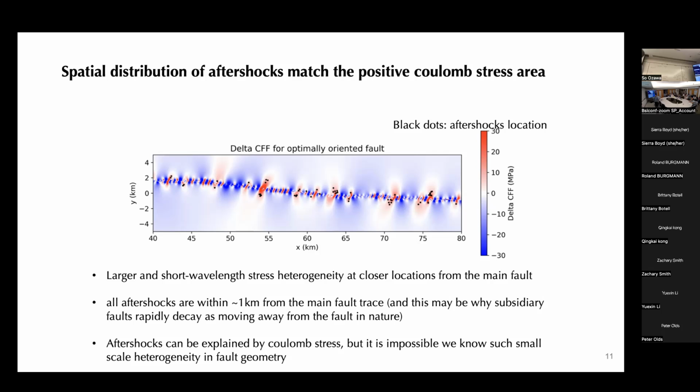They are matching very well. That means I can argue that the aftershocks are generated by Coulomb stress. The aftershock distribution can be explained by the Coulomb stress idea, although it's very difficult to observe this sort of very small scale heterogeneity in Coulomb stress from natural observation, because it depends on the very small structure of fault geometry, which is not accessible.